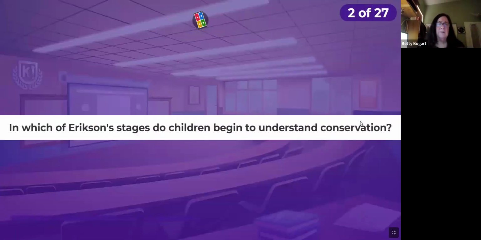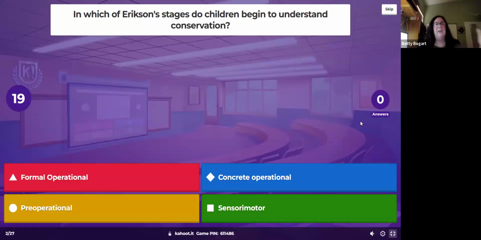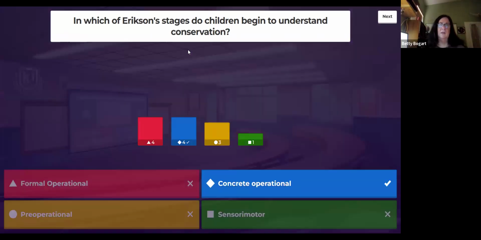In which of Erikson's stages do children begin to understand conservation? So let's look at the words here. There are Piaget words here, and then there are also Erikson's words here. Which is which? So conservation is understanding that an 8-ounce glass is still the same.